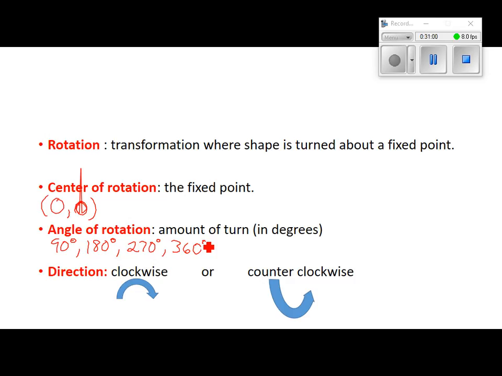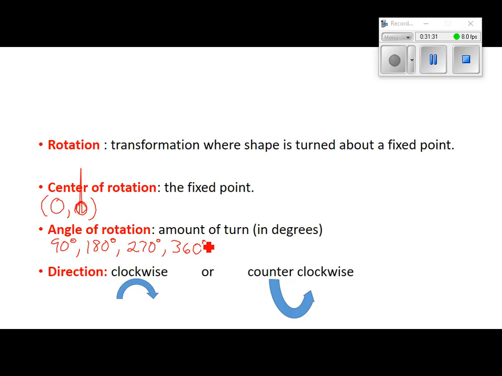If I want to turn counterclockwise, now I've turned 270 counterclockwise. So 90 degrees clockwise and 270 counterclockwise are the same thing, or vice versa. That's why you didn't use 270 very much. It's just going the opposite direction. Are there going to be different angles that we measure with, like 30 degrees? Yeah, we're going to do some of that in a minute.